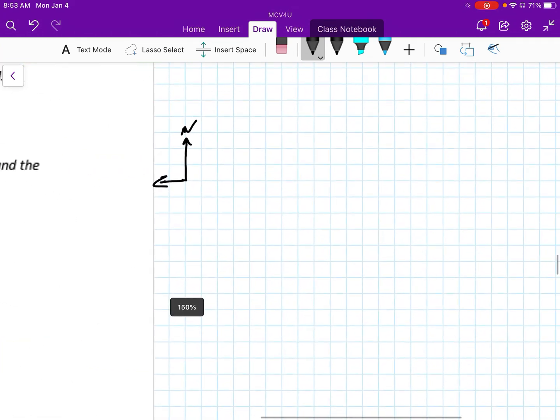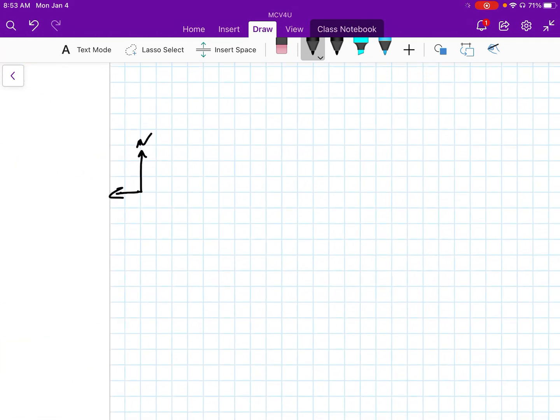To make it simple for myself, if I start here, I'm going to say each diagonal represents 10 kilometers. So I have my 30 written there, then I've got my 40, and that's going to be my northwest.